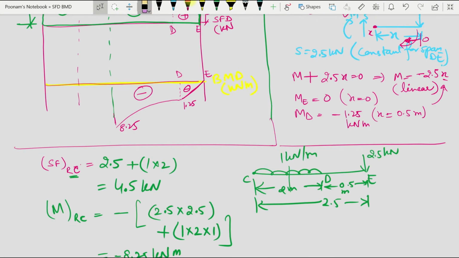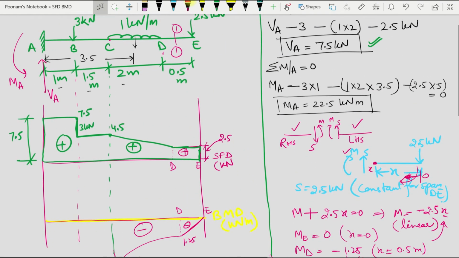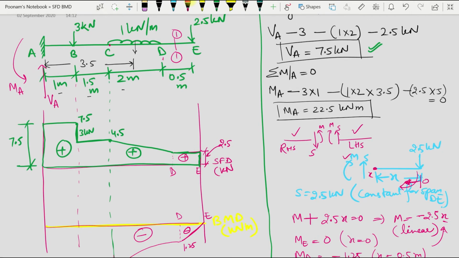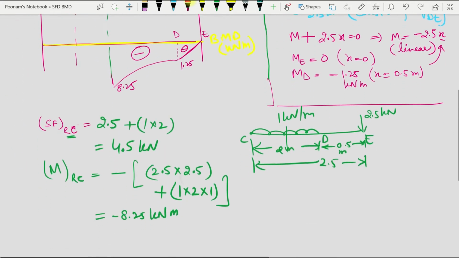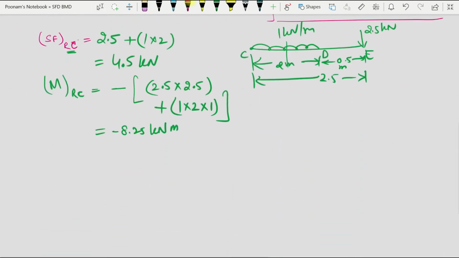Now the bending moment diagram can also be plotted in the same way. For this span BC, because it is subjected to point load only, my bending moment diagram will be a linear curve, and I can find out the value of bending moment under point B. So I can redraw my beam and do the calculation here.